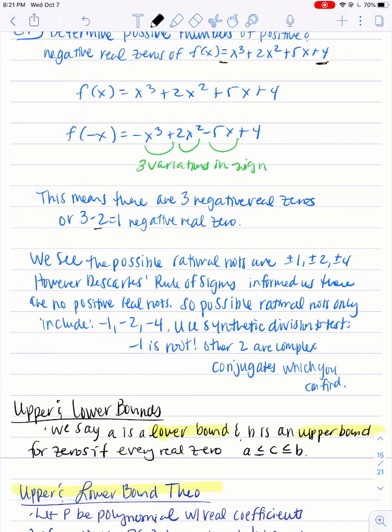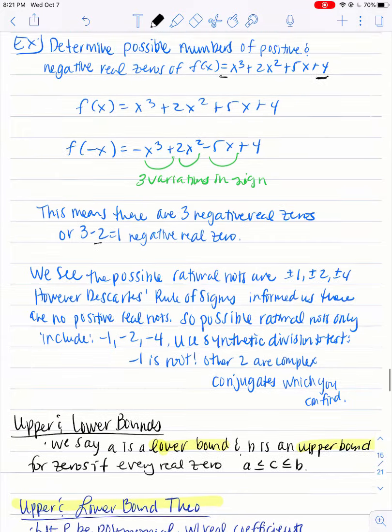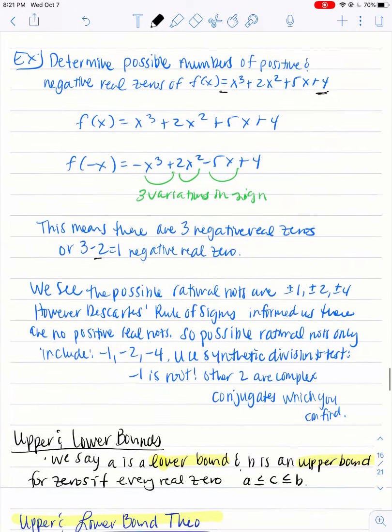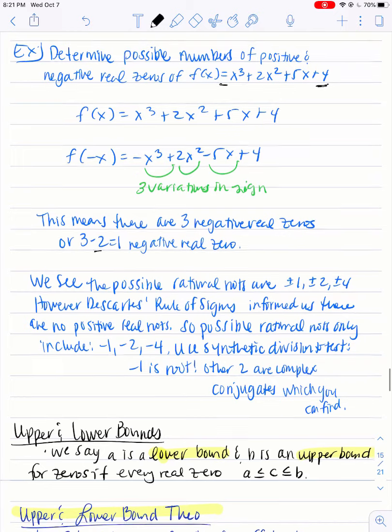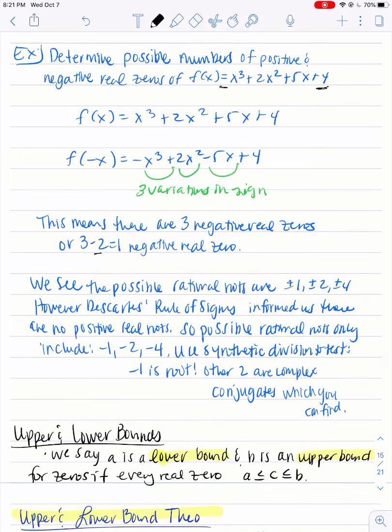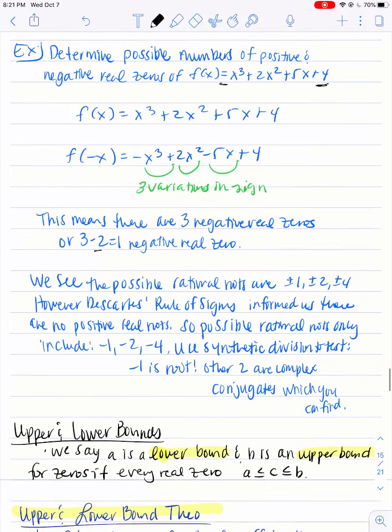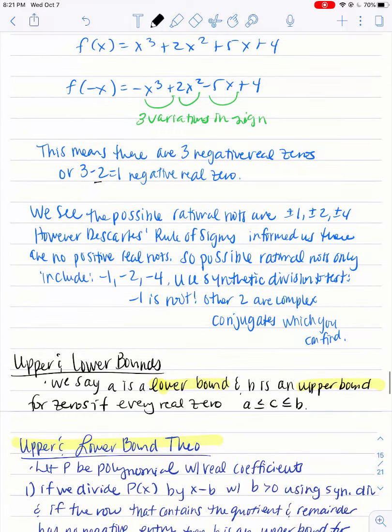So they include negative 1, negative 2, negative 4. And we use synthetic division to test, and we find that negative 1 is a root. So negative 1 is a root, and the other two are actually going to be complex conjugates, which we will learn about and find later.